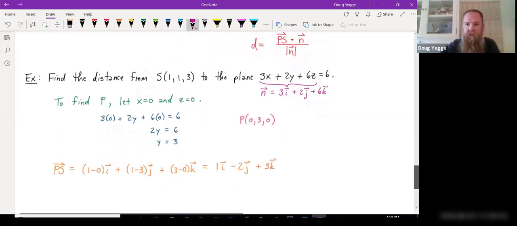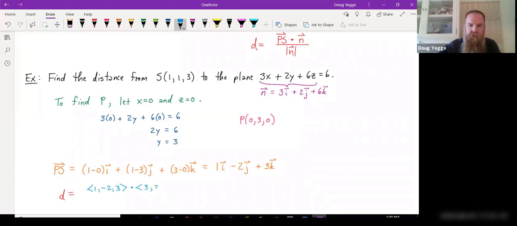We could throw everything into the appropriate spots. So we have that the distance is equal to PS dot n. So we're going to take PS, which is the vector 1, -2, 3, and we're going to dot that with the normal vector, which is 3, 2, 6, divided by, and now we need the magnitude of the normal vector, which is the square root of 3 squared plus 2 squared plus 6 squared.